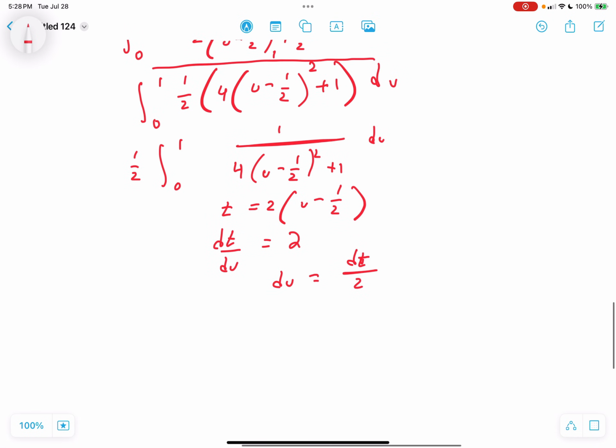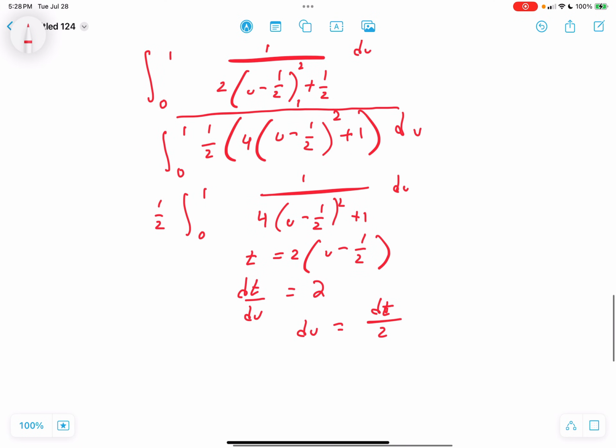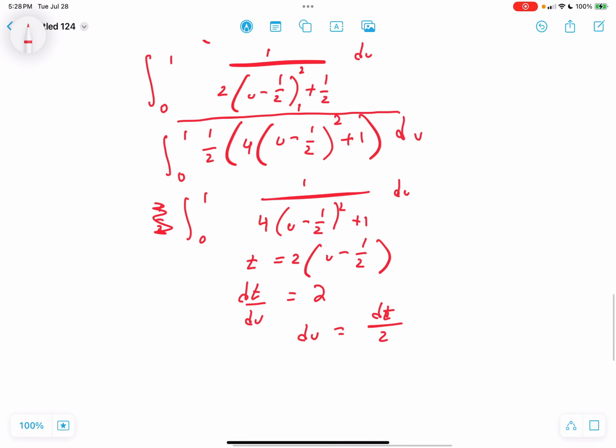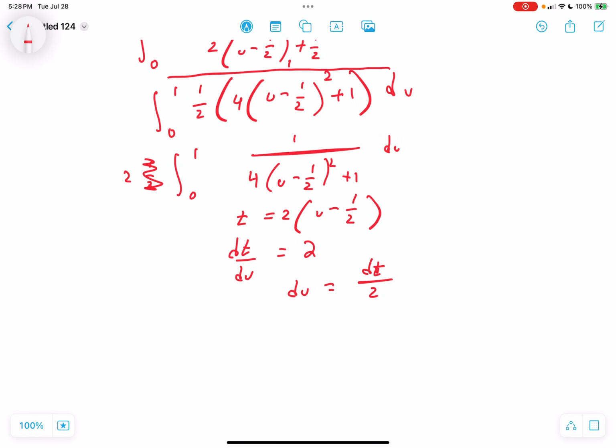When I plug in 0, I get negative 1. And actually, sorry, this 1/2 here should really be 2 because that's in the denominator here. I just noticed that. And now this 1/2 here is going to cancel with that 2.